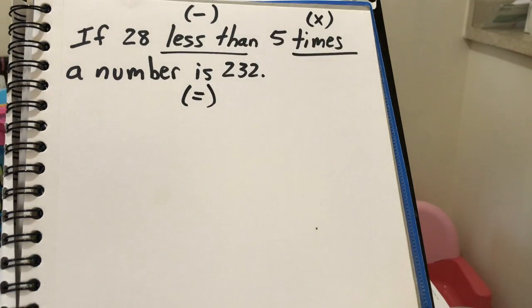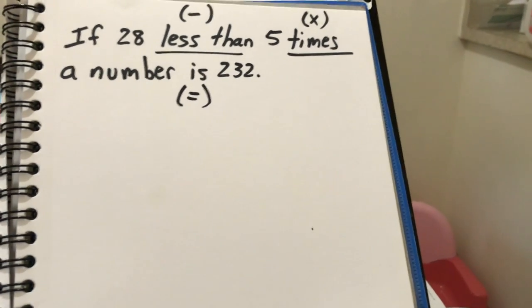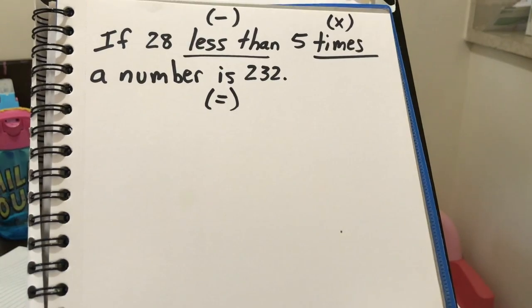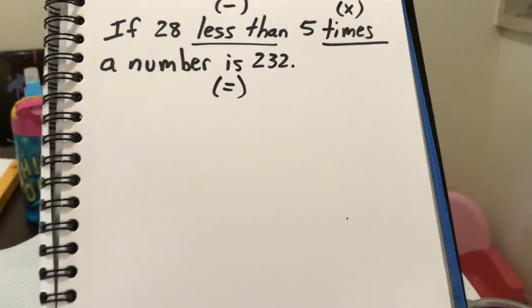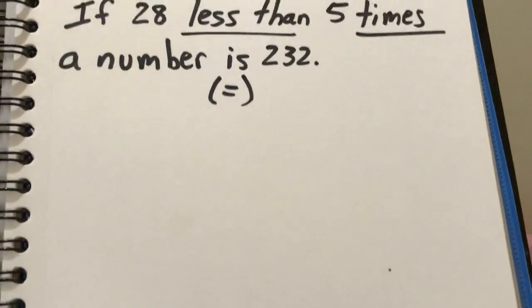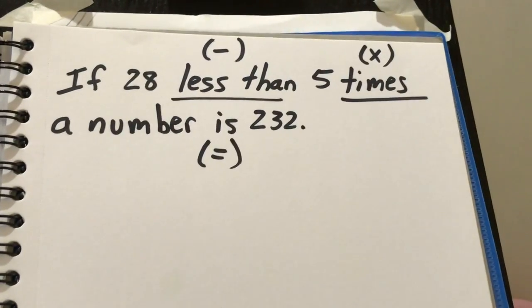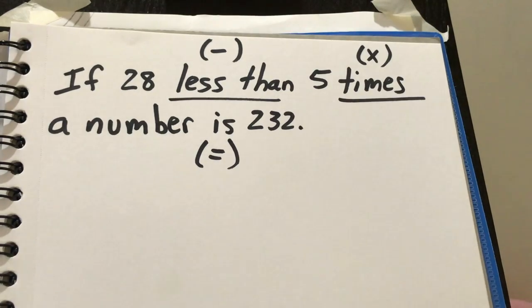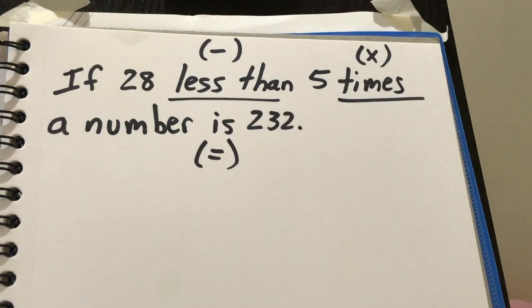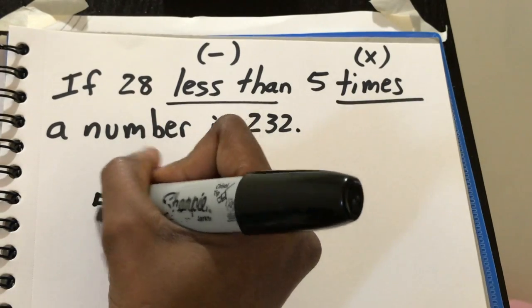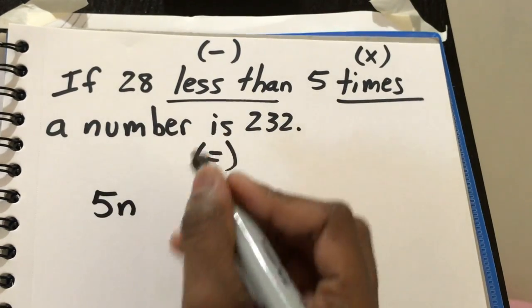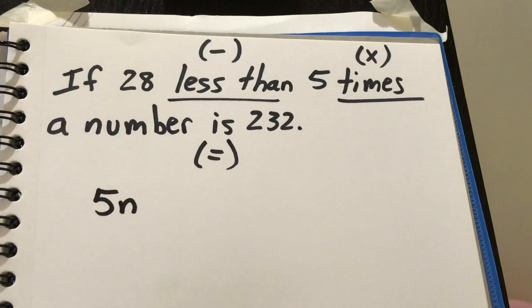Okay, so now that we did that, we can set up our problem. Now, 28 less than 5 times a number. Because it says less than 5 times a number, that means we're going to subtract 28 from 5 times a number.